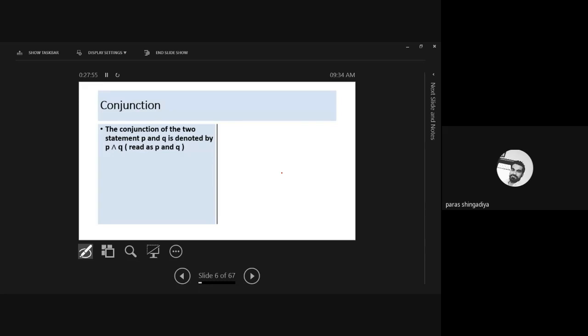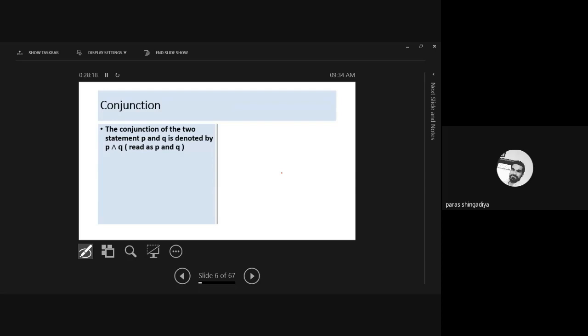If both are T, then the outcome will be T. If any one switch is off, the current will not pass. That is a similar circuit of the AND gate.